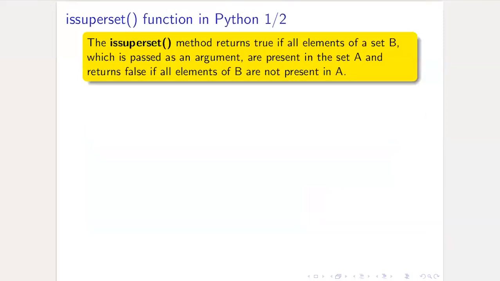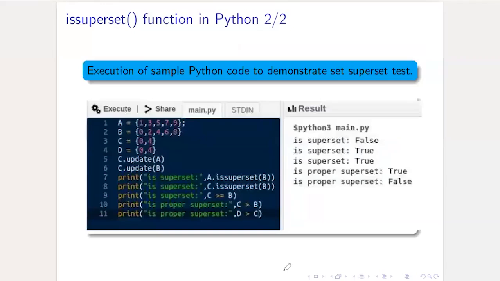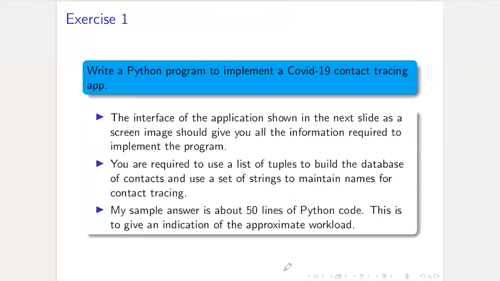Similar to the subset, we have the superset also. Again, if you want to check only if it is superset, you can use the operator also or the built-in function. But if you want to check whether it's a proper superset, you must use the operator. That is what is noted here. And I have sample code to show you how it works.